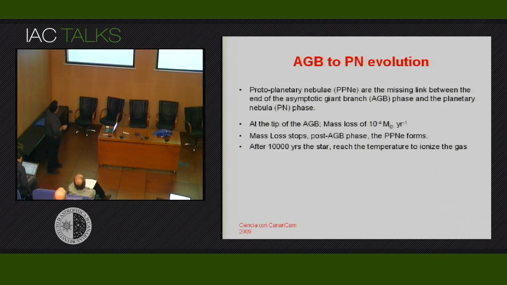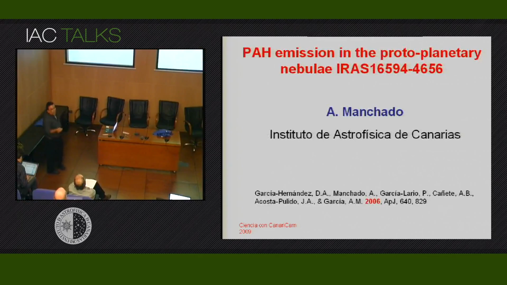At the tip of the AGB, the mass loss is of the order of 10 to the minus 4 solar masses per year, and the mass loss suddenly stops, and it takes something like 10,000 years for the central star to reach a high enough temperature to ionize the gas.